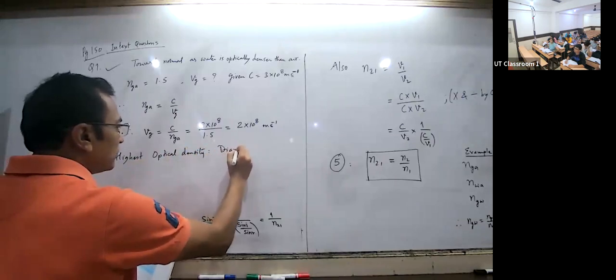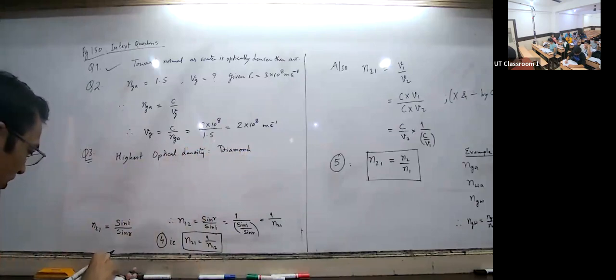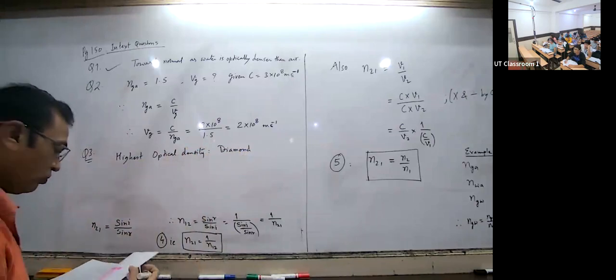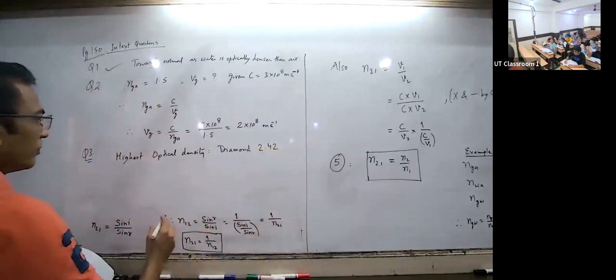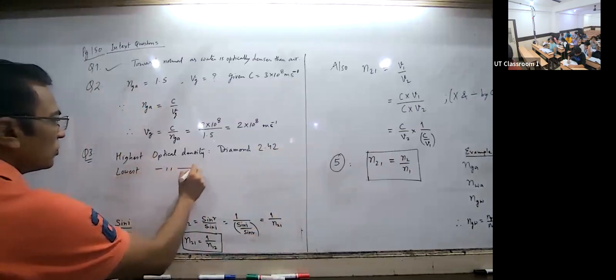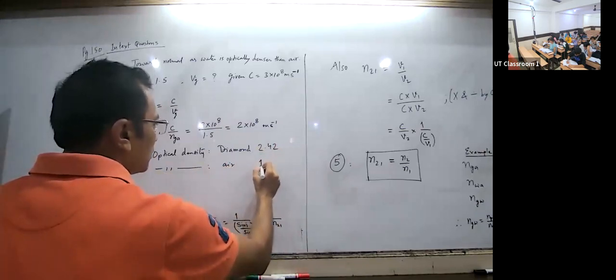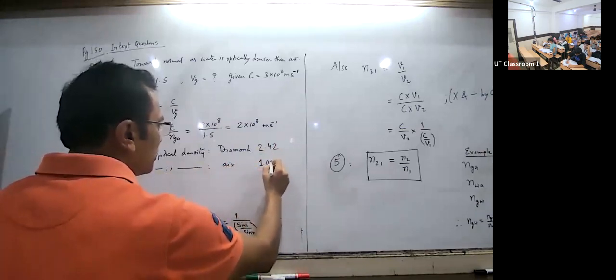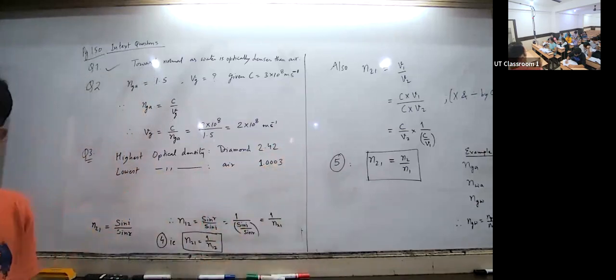You have to just see and write the value, 2.4. And lowest, air, just 1, 1.0003. Most of the times you take it as 1.